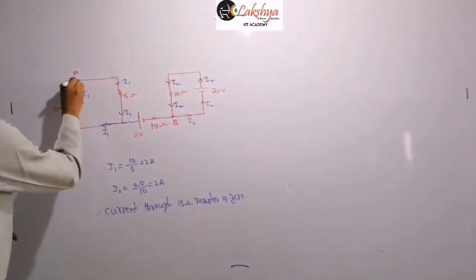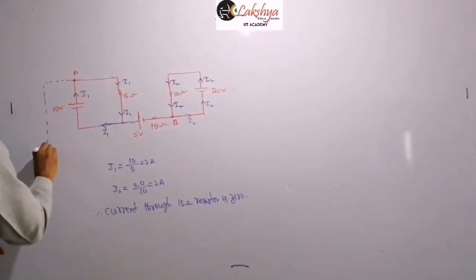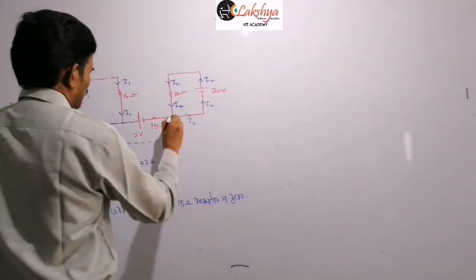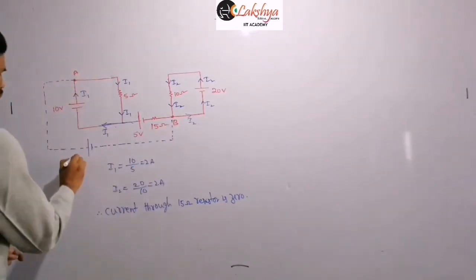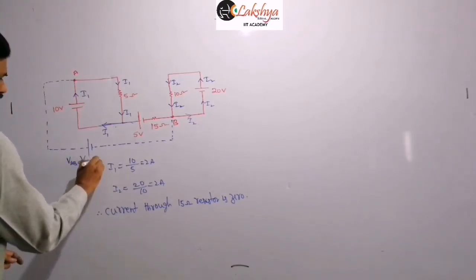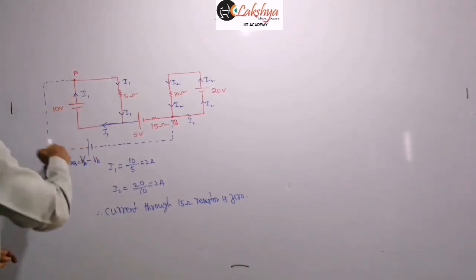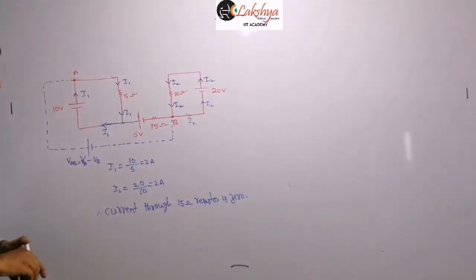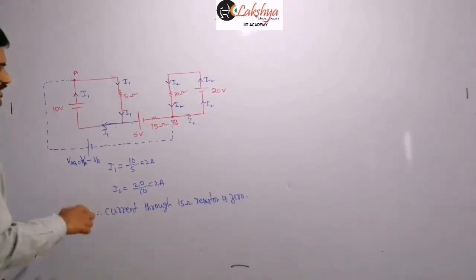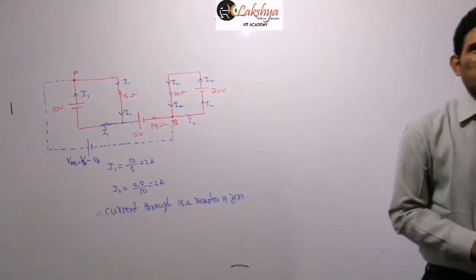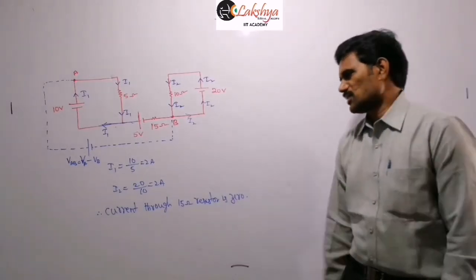So here I am assuming one cell is connected like this. The EMF of the cell is VAB, which means VA minus VB, because we are assuming this is connected to the positive terminal, so that is higher potential here, right? Now let us take some names here to apply this Kirchhoff law. So first mention: after writing this, current is 0.